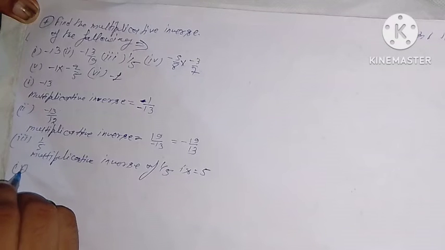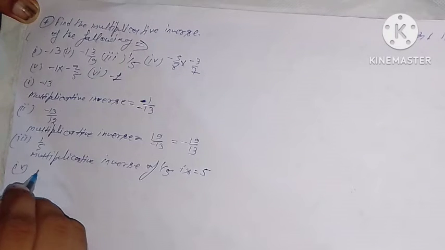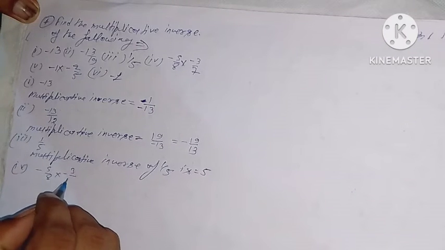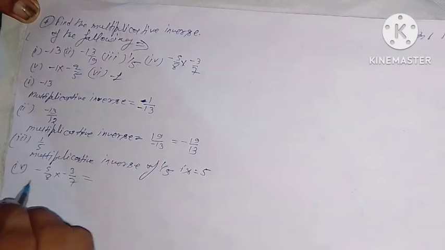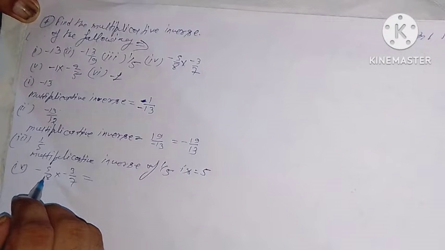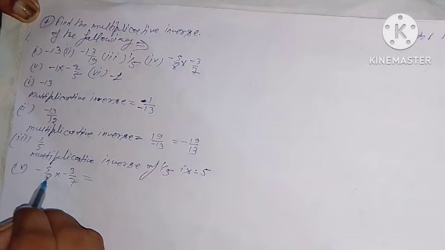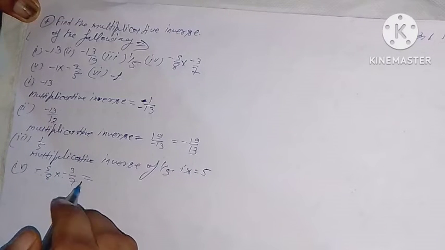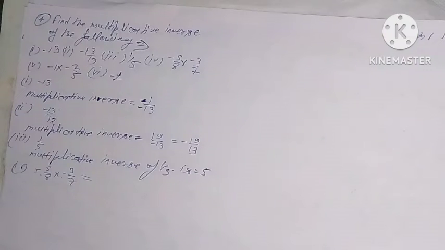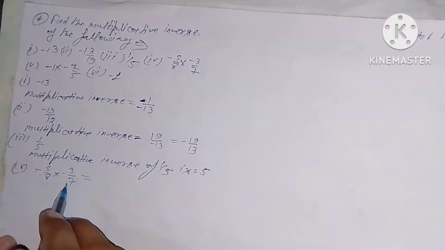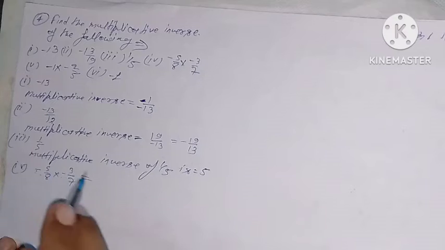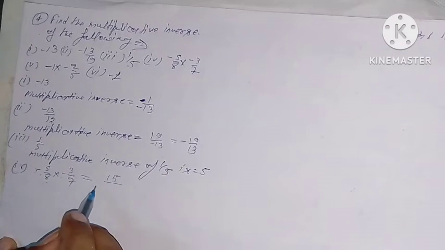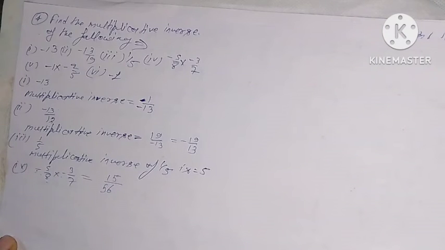Fourth question: minus 5 upon 8 multiplied by minus 3 upon 7. When we multiply the signs, both are minus, so the result is plus, but the plus will not be shown. 5 threes are 15, and 7 eights are 56.